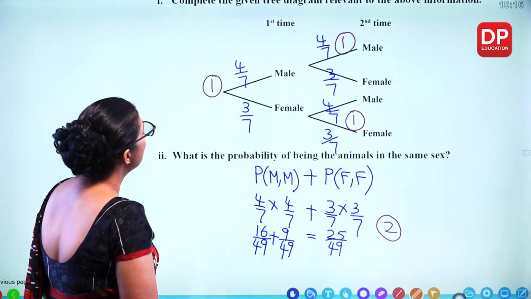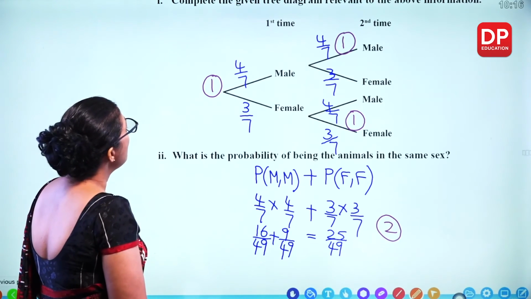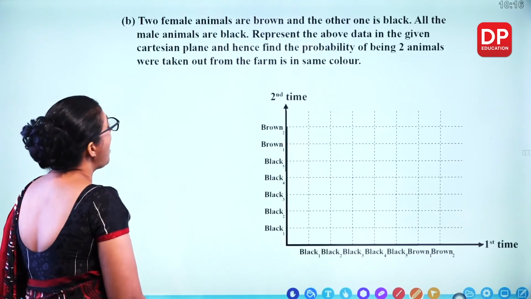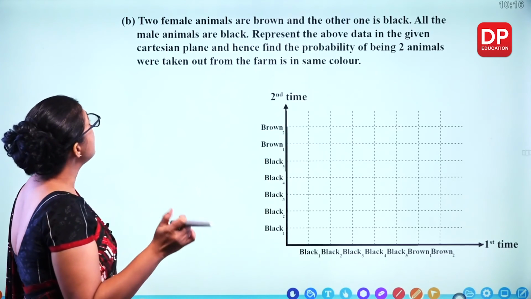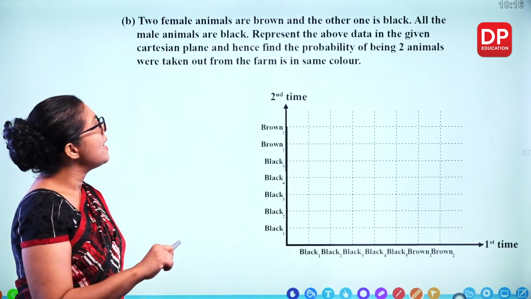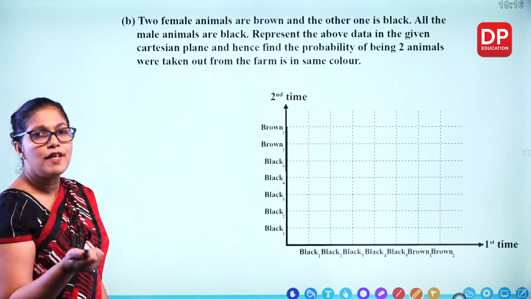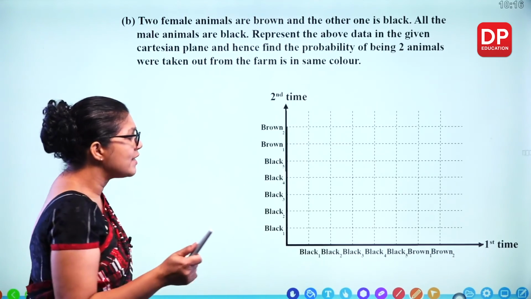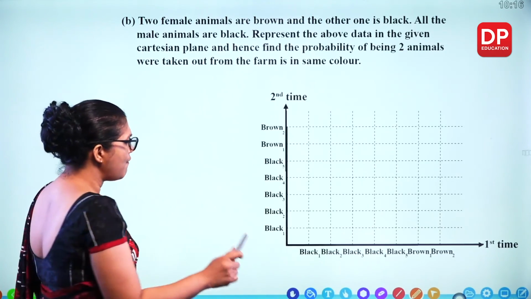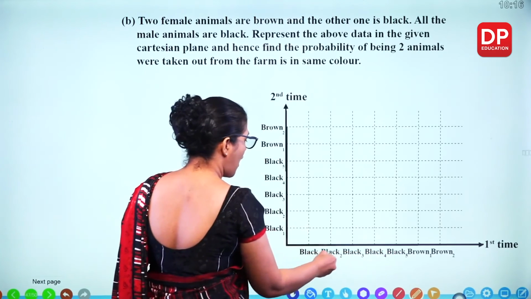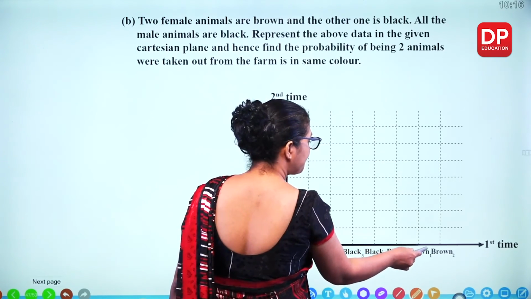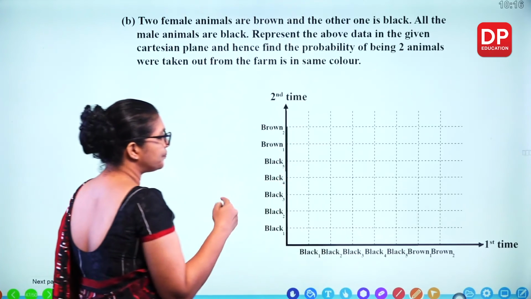According to this, male ones are 4. And it says 1 female is black and 1 female is brown. So altogether now 4 plus 1, 5 blacks are there. 5 blacks and 2 browns.